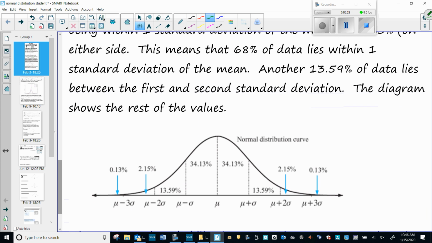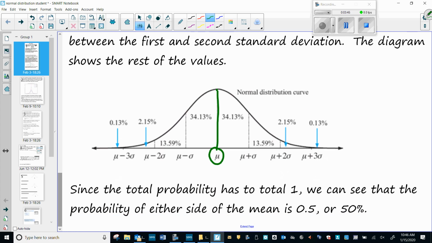You don't have to learn this. If this is our mean in the middle, the mean value plus one lot of standard deviation, whatever it might be, covers 34% of the data. So in other words, if our mean was 5 and our standard deviation was 2, this would be 7. So between 5 and 7, 34.13% of our data is going to be sitting in there.